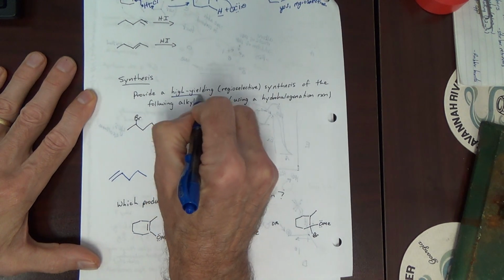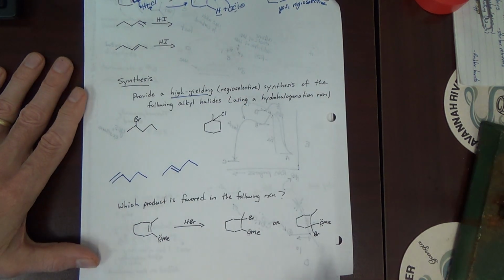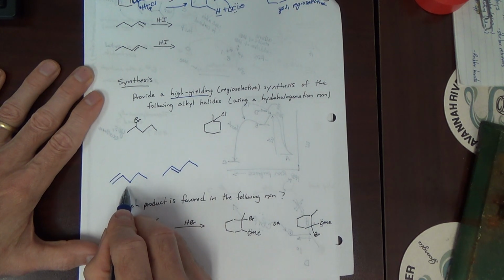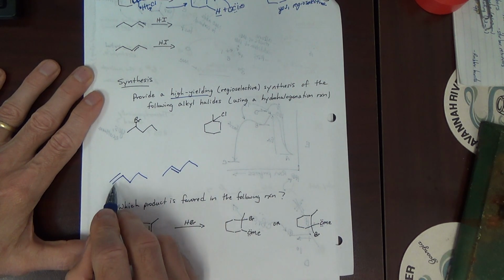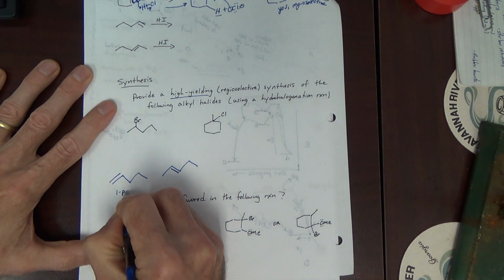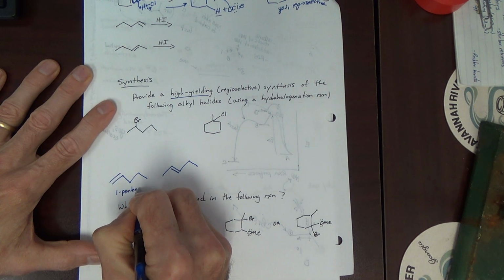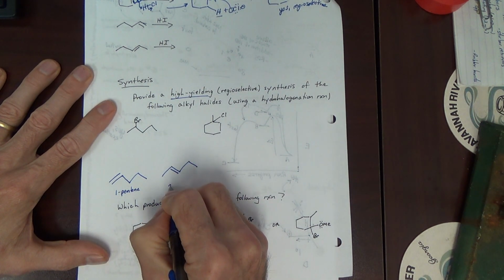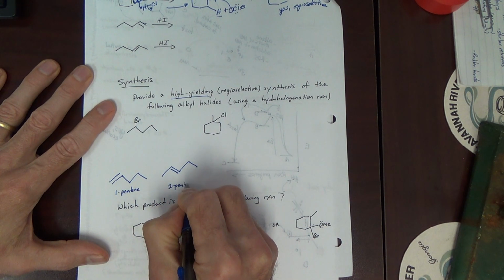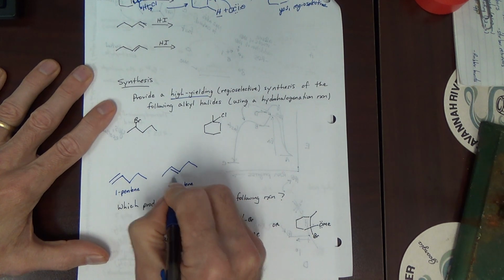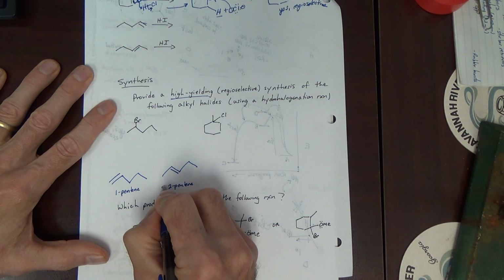Keep in mind, we want high yielding. We want the best synthesis. And the best would be to use this alkene, which, by the way, is what? 1, 2, 3, 4, 5. What is that? 1-pentene. And not 2-pentene. By the way, this is trans or E.